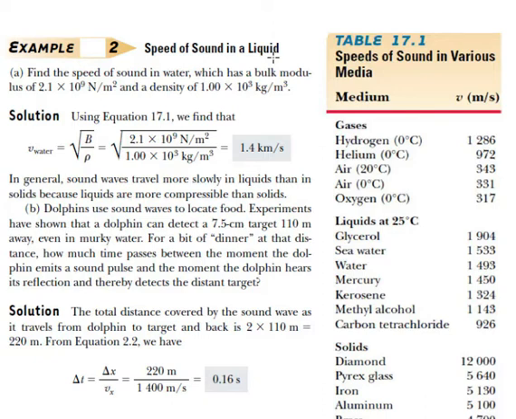So we can easily find the speed of sound in water by the relation square root of B over rho, and that is equal to 1.4 kilometer per second. It comes to be 1400 meter per second, sorry. So 1400 meter per second is much greater than 331 meter per second, and much less than 5100 meter per second, which was for the aluminium.